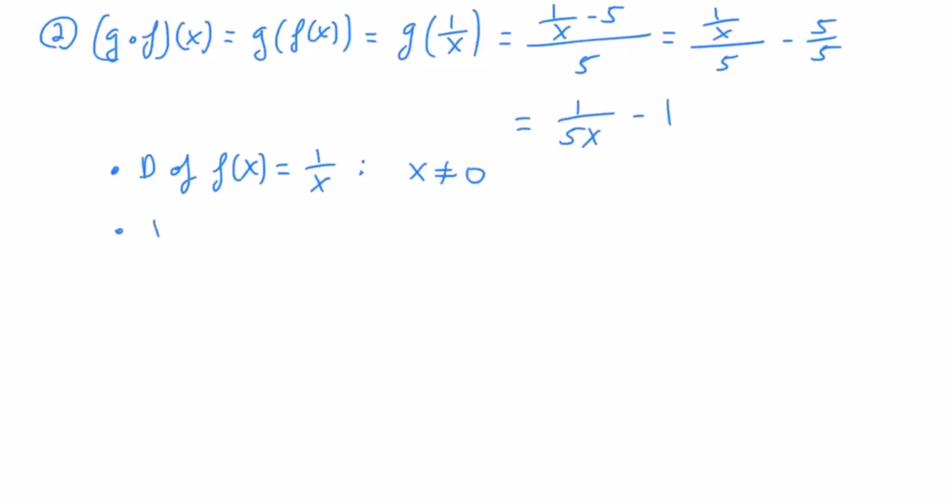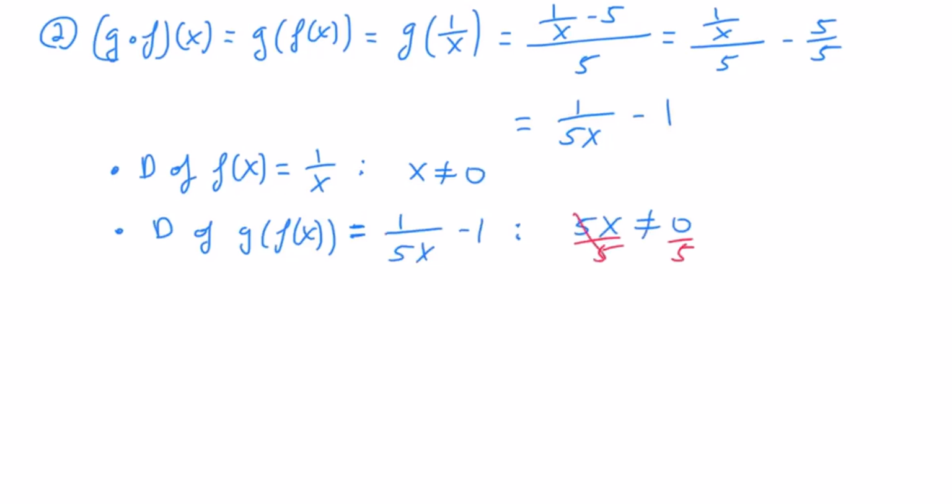The second step is to get the domain of g(f(x)), which is what we found, 1/(5x) - 1. Here we also have a fraction, so the denominator cannot equal 0. Divide out the 5. So x cannot equal 0.